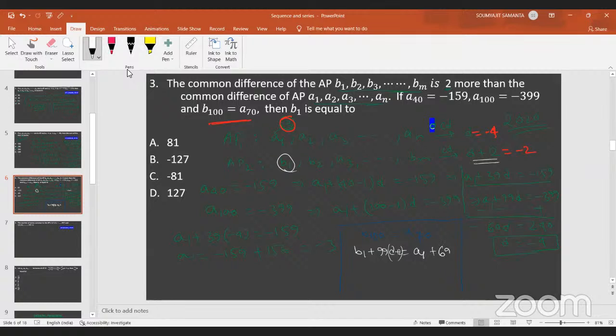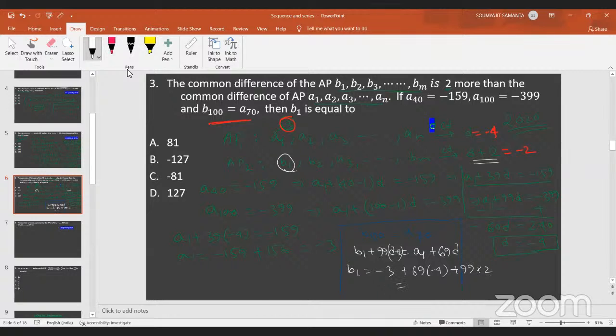Now substitute the value of D and A1 that is already defined from the equations. So B1 equal to A1, which is minus 3, plus 69 into minus 4, and D plus 2 will become minus 2. So this will become plus 99 into 2.